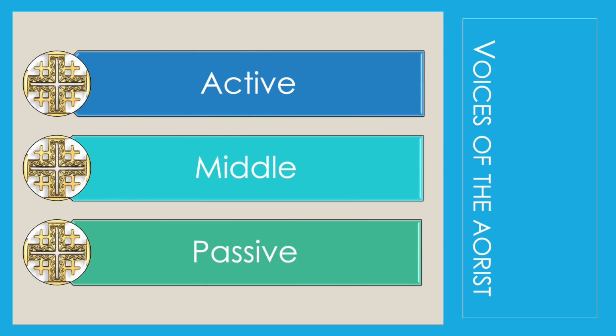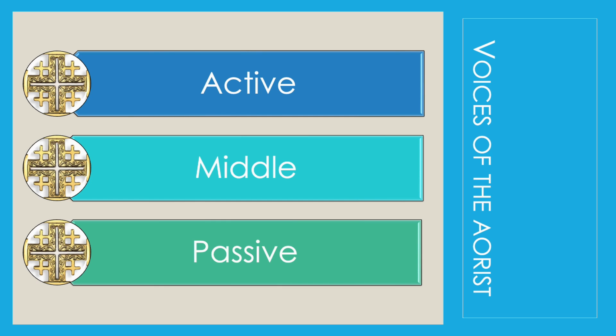With the aorist and future tenses, there are a different set of endings in the passive voice. Whereas in present, imperfect and perfect voices, we are going to see the same endings for middle and passive.